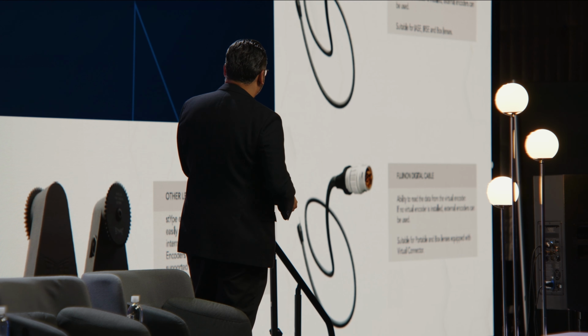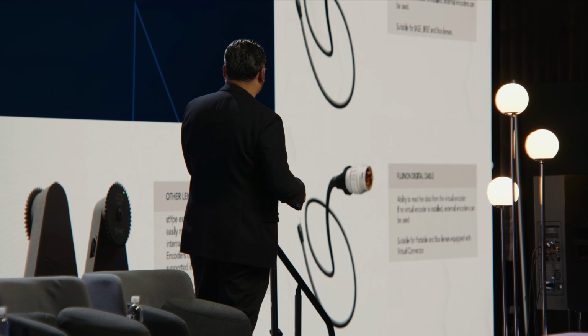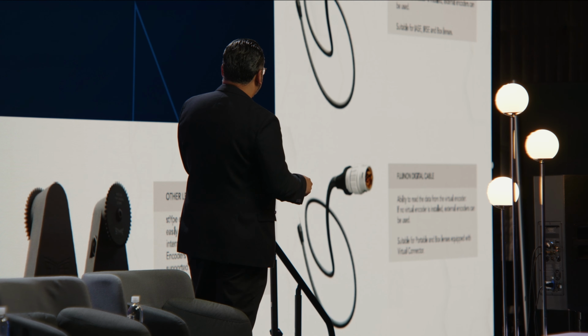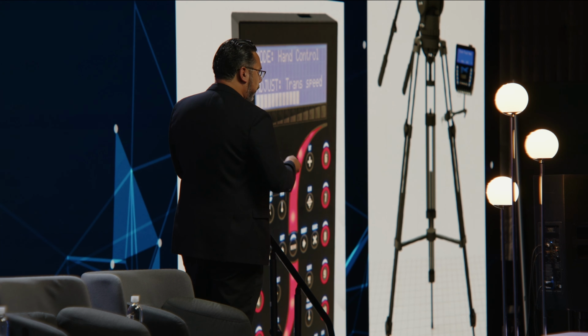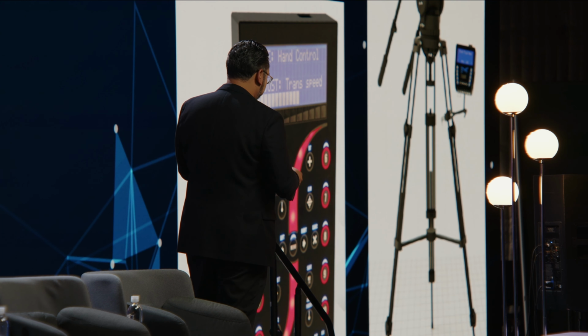We just need to plug in these external encoders to read the rotation of the zoom or focus, okay? And these are the cables that we use to receive the data from the broadcast lenses when they are full servo, right?